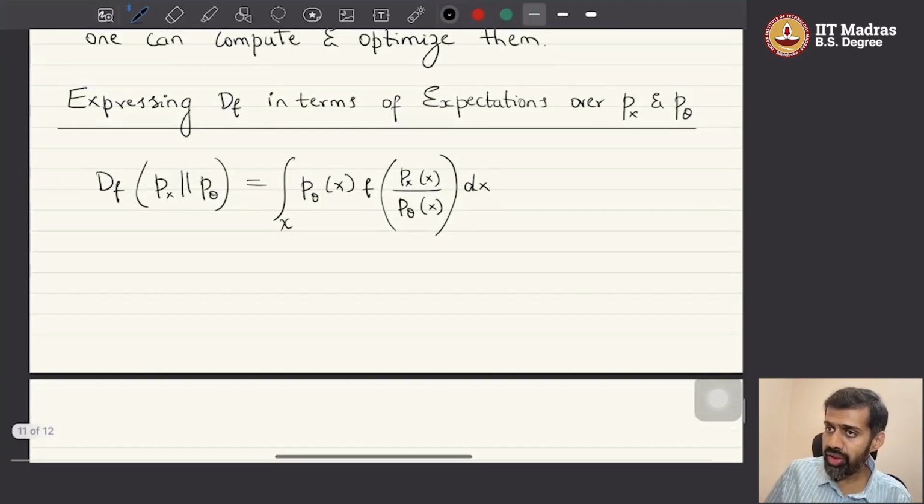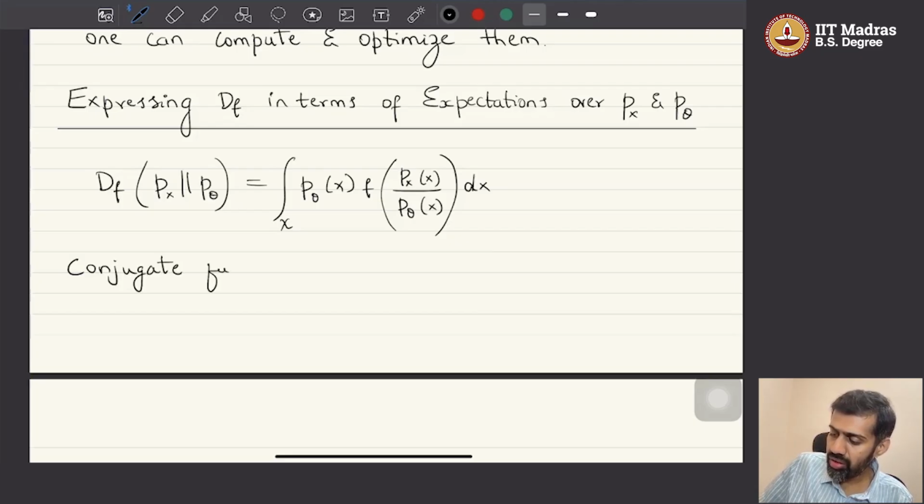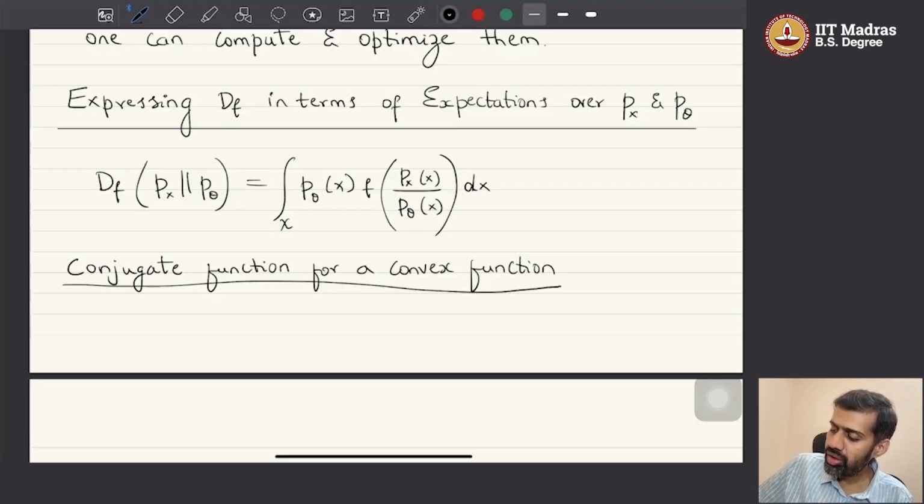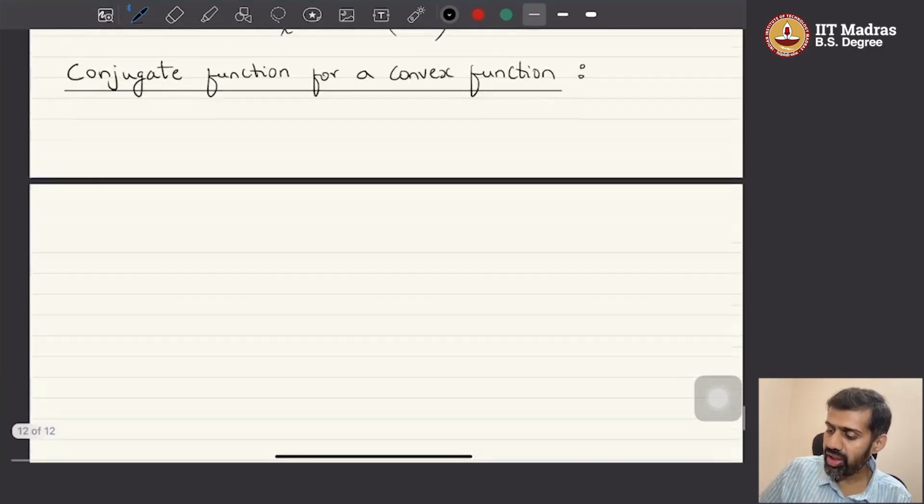To do that, we first need to define what is called a conjugate function, or a complex conjugate function, for any convex function. Any convex function would have a conjugate corresponding to it. How do we define this?